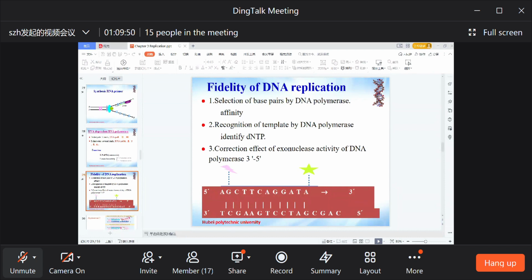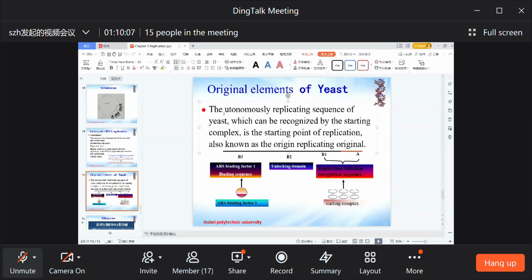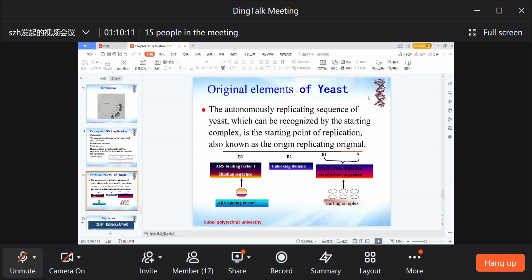And doing some scientific research, they found the yeast genome contains the autonomously replicating sequence.